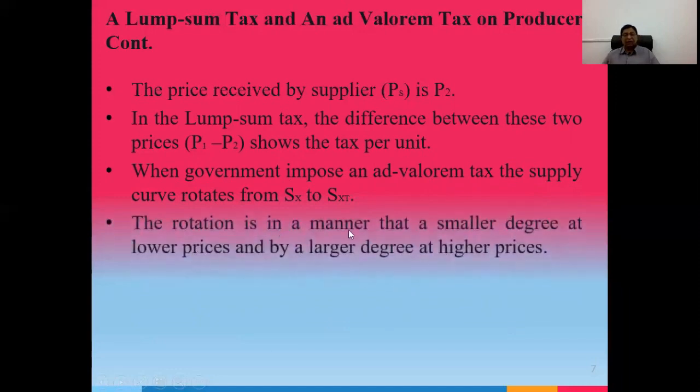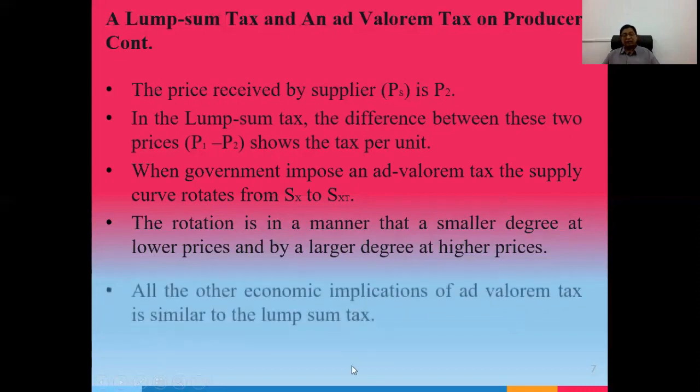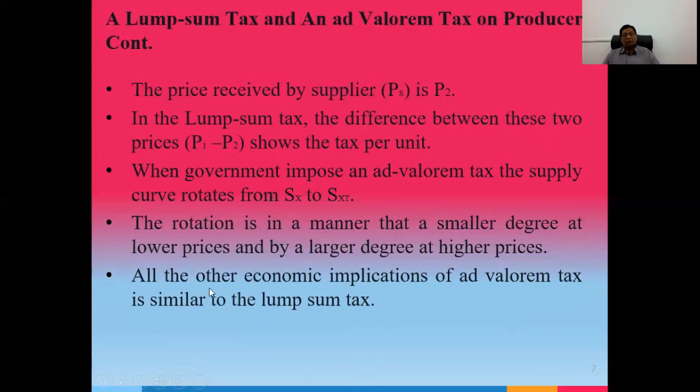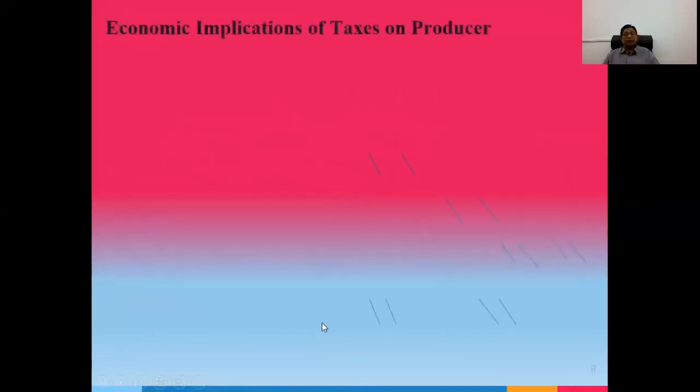The rotation is by a smaller degree at lower prices and by a larger degree at higher prices, as I mentioned earlier. All the other economic implications of the ad valorem tax are similar to the lump sum tax, which I have already explained. Then, the economic implications of tax on producers.